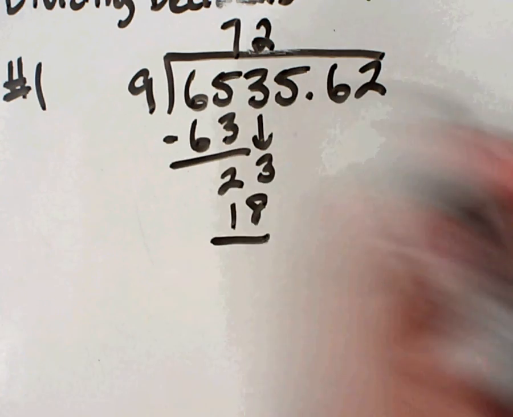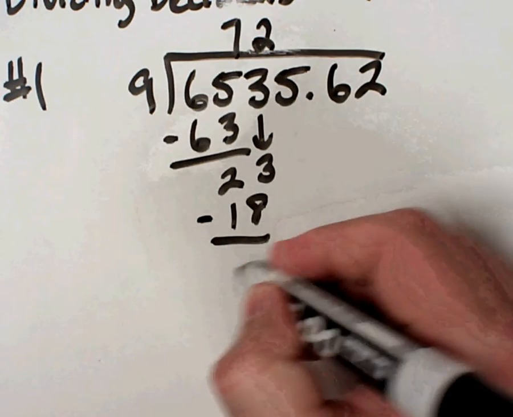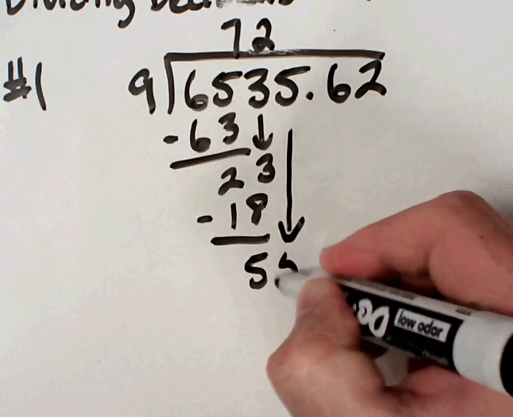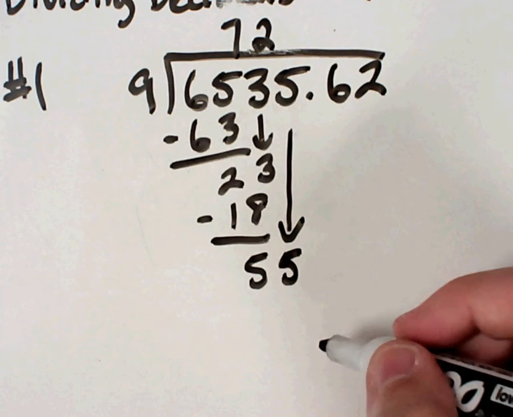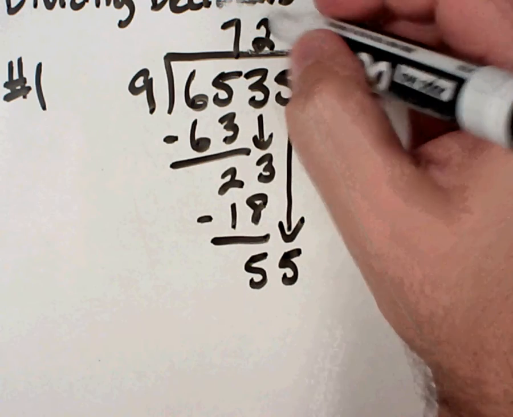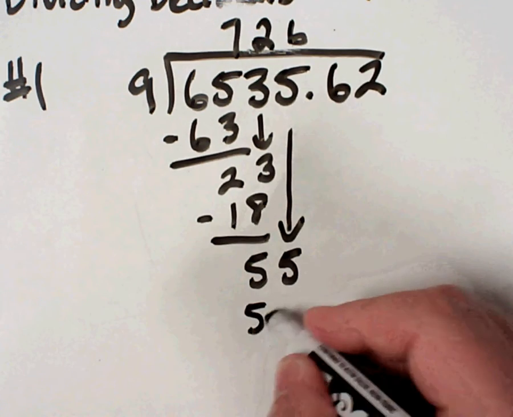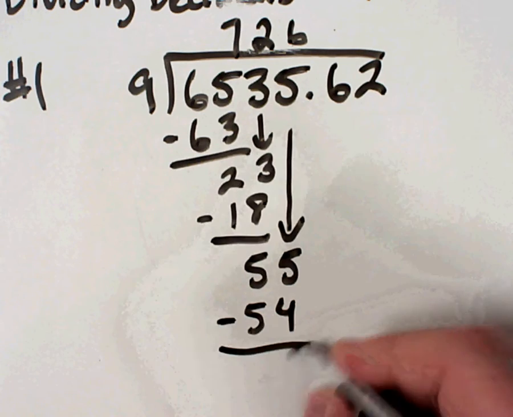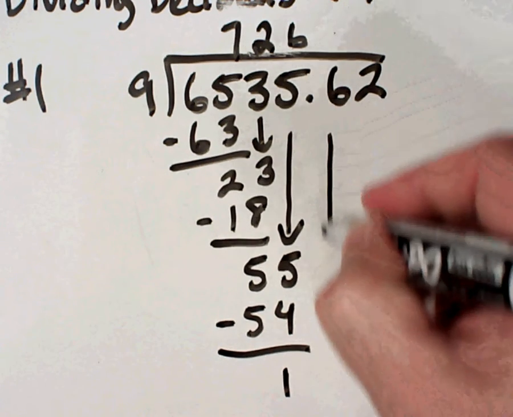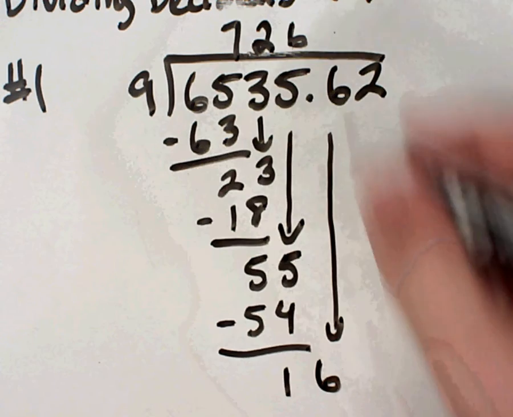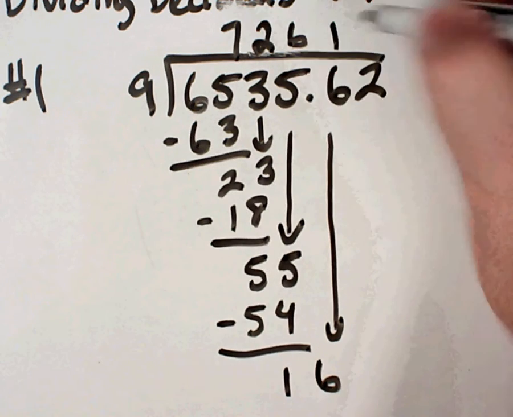All right. Nine goes into 55 6 times. Nine goes into 16 once.